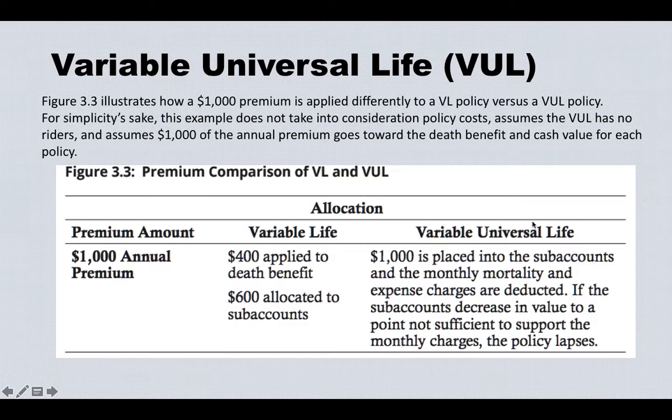So for variable universal life, you can see here, they place the entire thing into the sub account. They will deduct very high monthly mortality and expense charges. They will reduce your premium by those charges. If the sub account decreases in value to the point that it's not sufficient to support the charges, the policy will lapse.